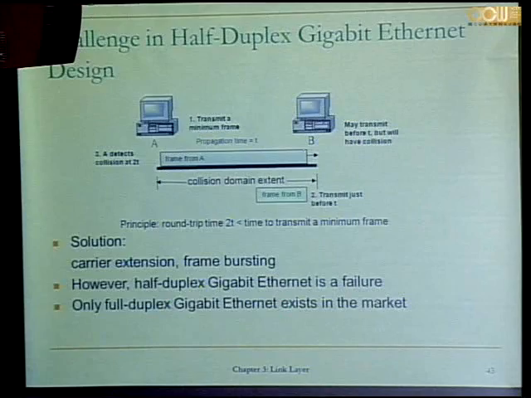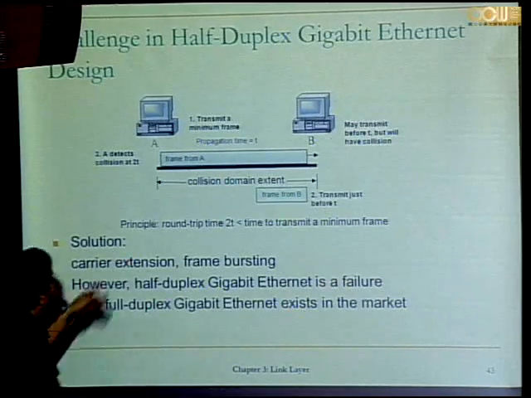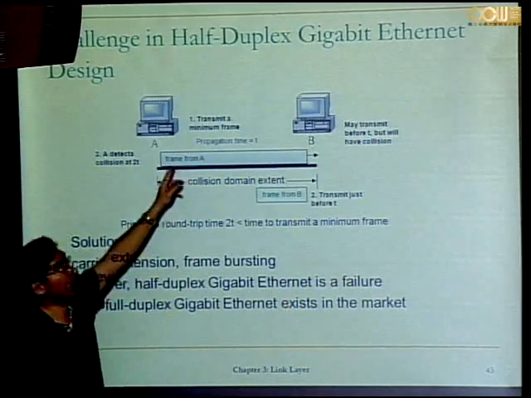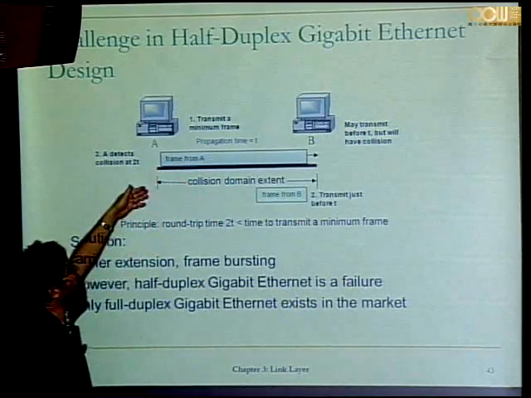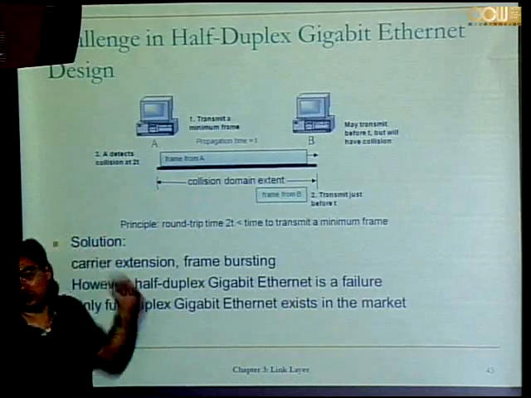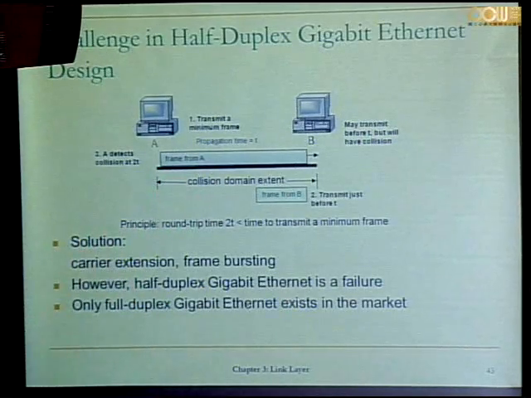What happens if before this round trip time, A has finished its transmission? If the frame is so short that A finishes here, and the collision signal is heard only after I finished the transmission, then there's no chance to send a jamming signal.